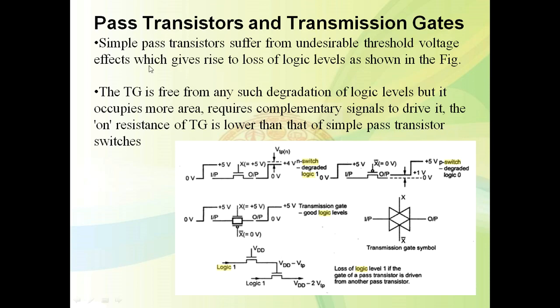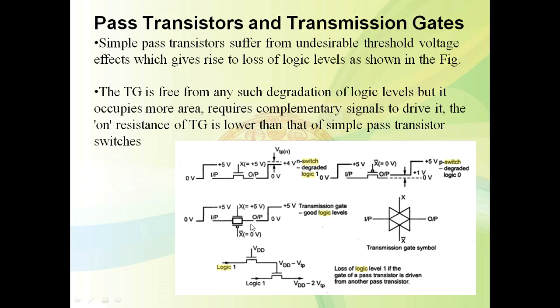So what is the transmission gate? A transmission gate uses one p-type transistor and one n-type transistor, connected in parallel as shown in the figure here.